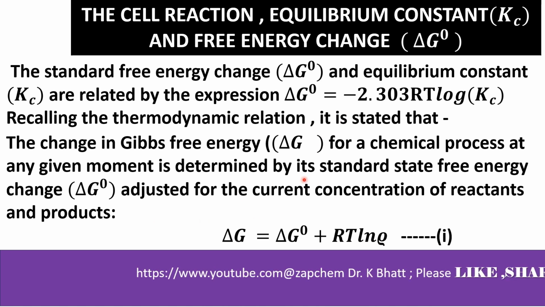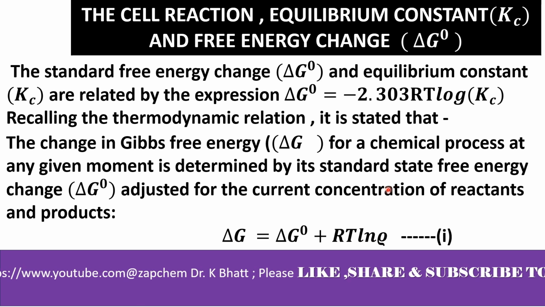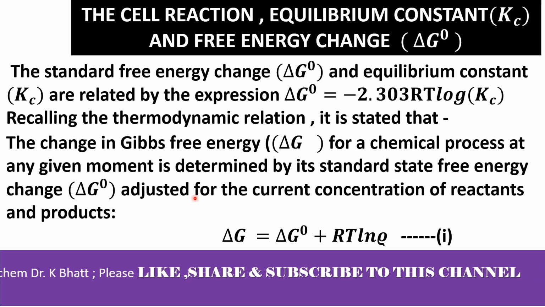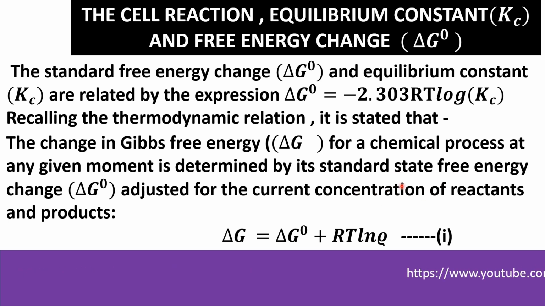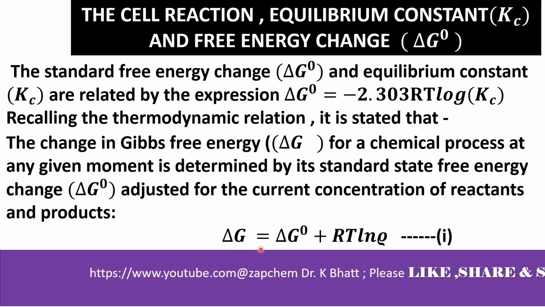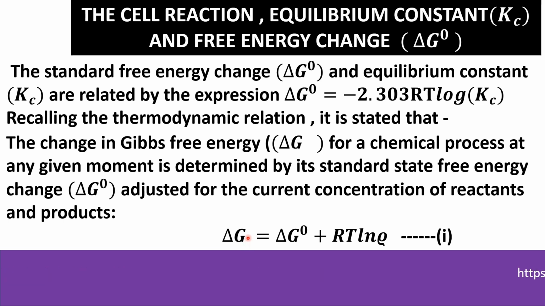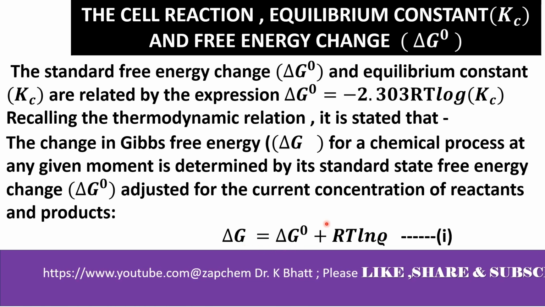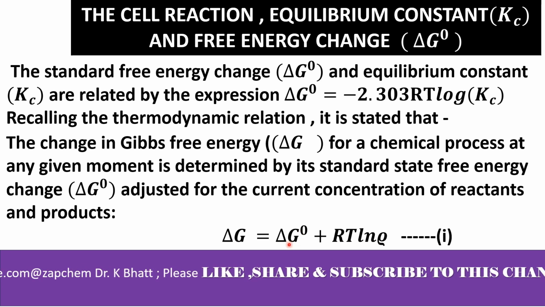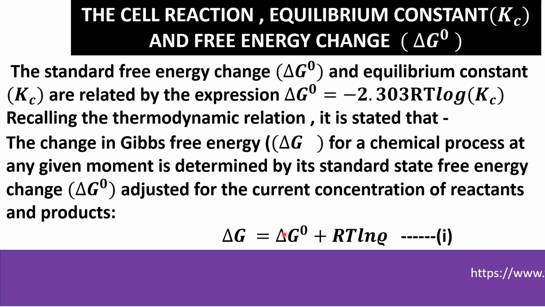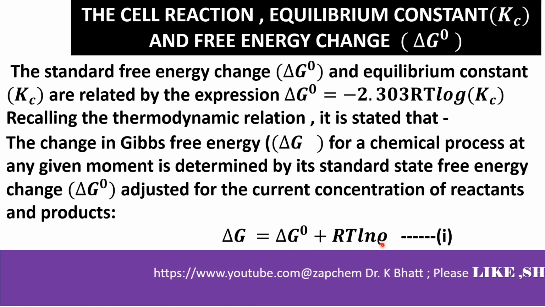And we have already studied in thermodynamics that under the standard state, free energy change is given by this relation: delta G, that is the free energy change under any conditions of temperature and pressure, is equal to delta G naught, that is the free energy change under standard conditions of temperature and pressure, plus RT ln Vero.